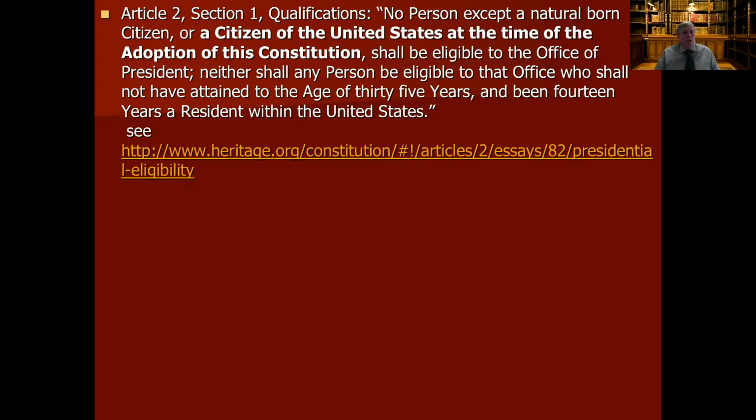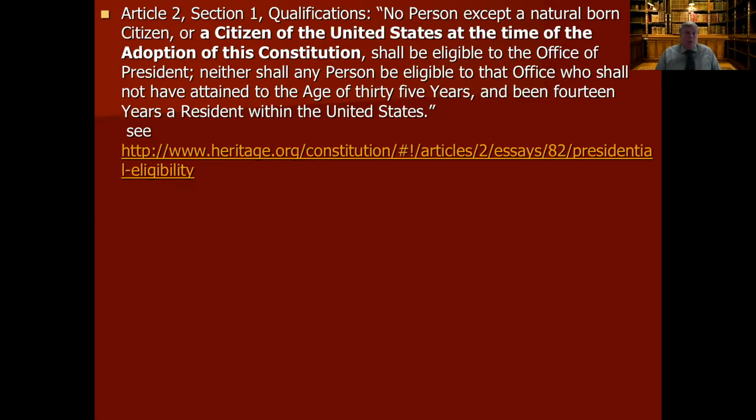The clause natural born citizen. The candidate needs to be a natural born citizen. This has been a matter of contention and controversy many times through the years, with the last time being when Mitt Romney ran for president in 2012.